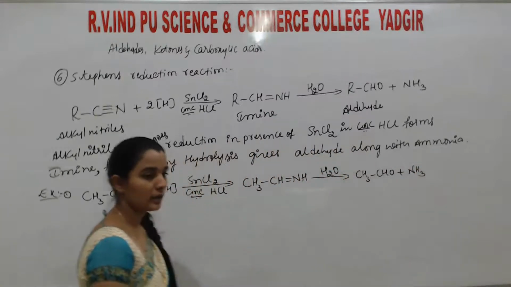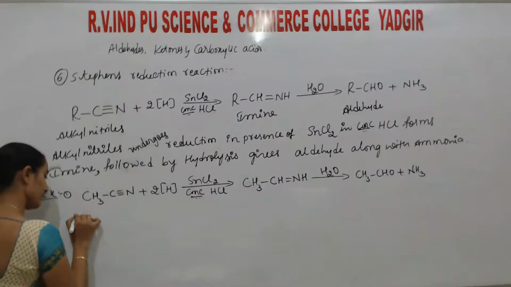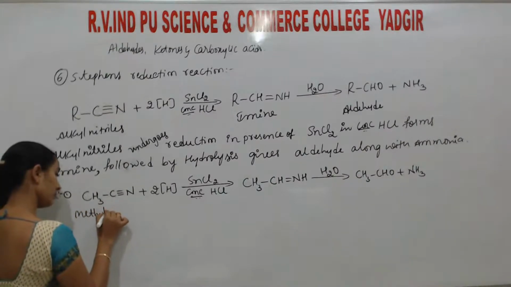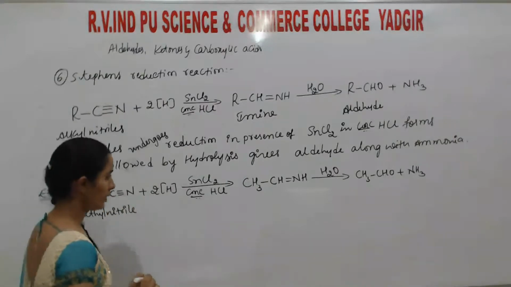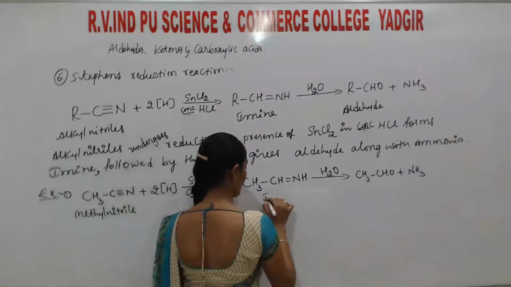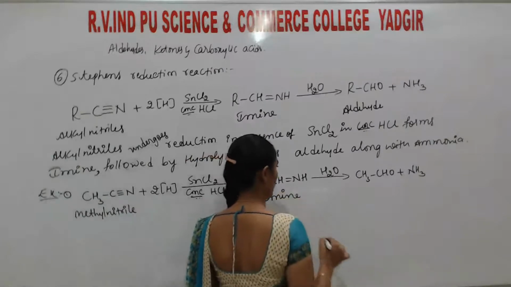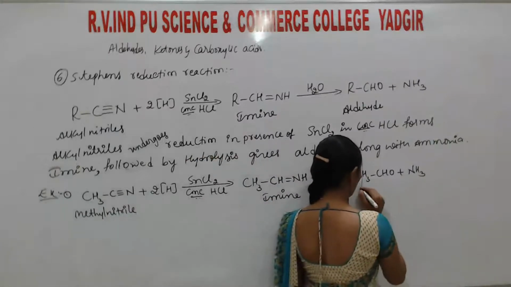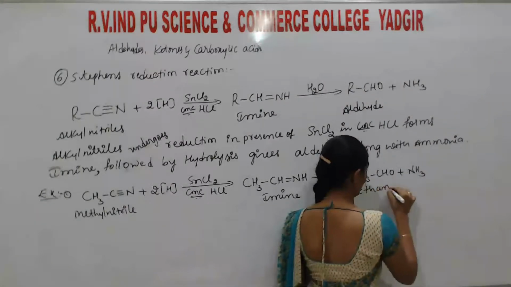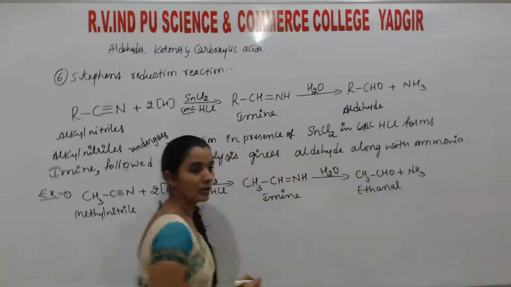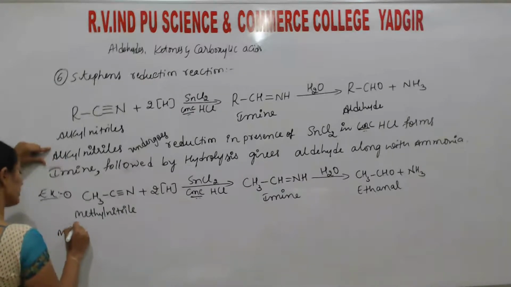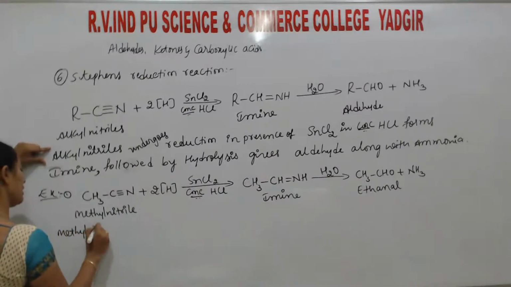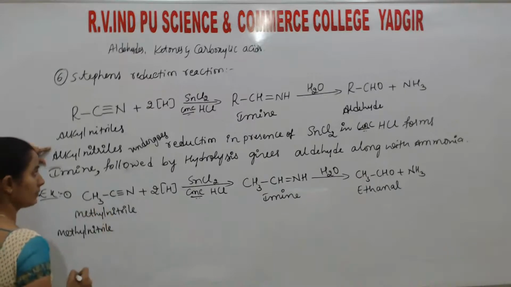So if we write the name, this is methyl nitrile. This one is imine. This one is ethanal. So if we just replace this statement, in the place of alkyl nitrile, it is methyl nitrile.